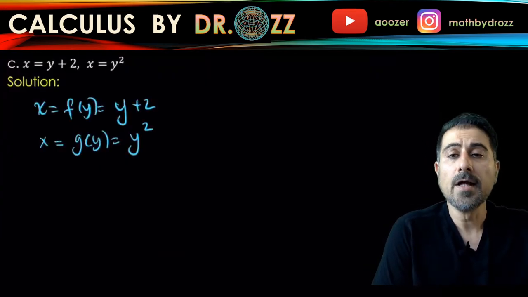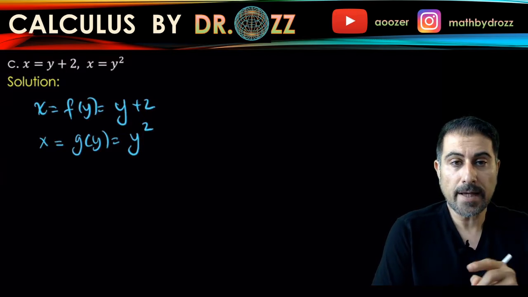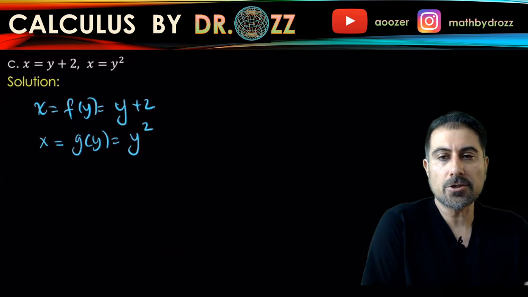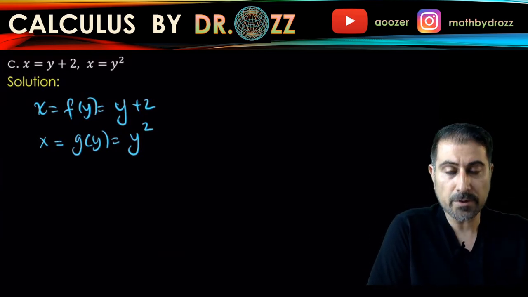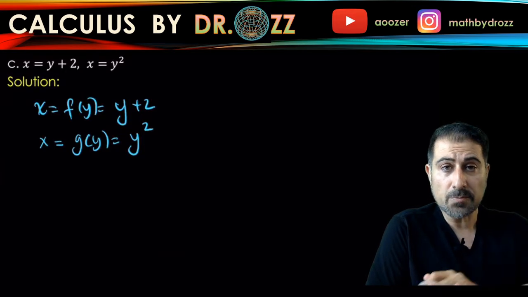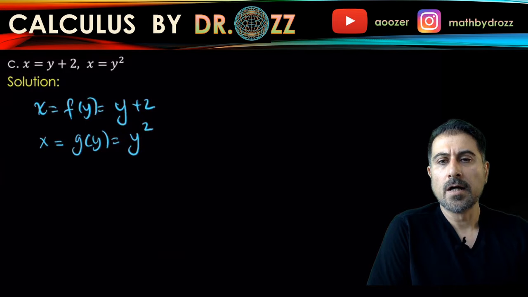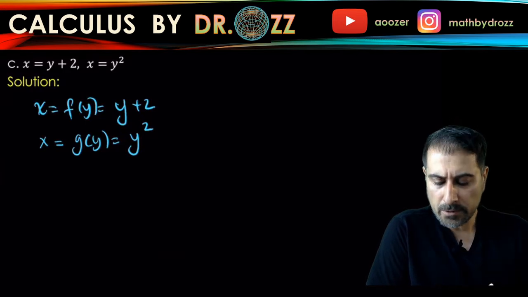Please go ahead and graph these two functions and see what they look like first, and I'll tell you how the modification occurs for the integrals, which we're going to write in terms of dy. You can pause the video at this moment, graph these two functions and see if there's any intersection going on here.